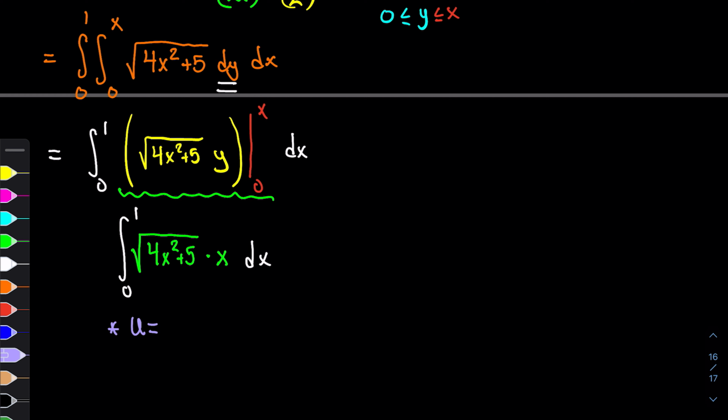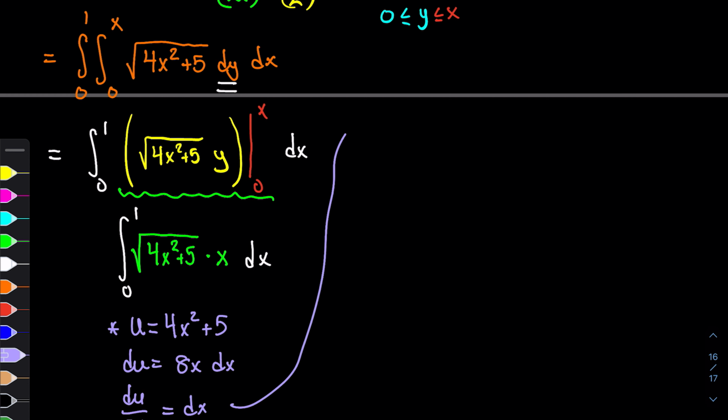We let u equal 4x squared plus 5. And du is equal to 8x dx, which means that du over 8x is equal to dx.